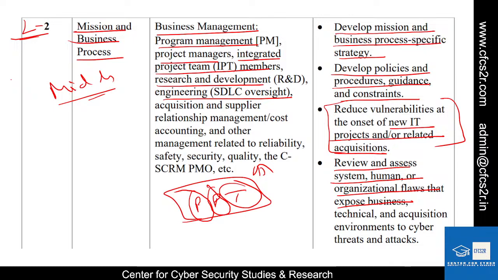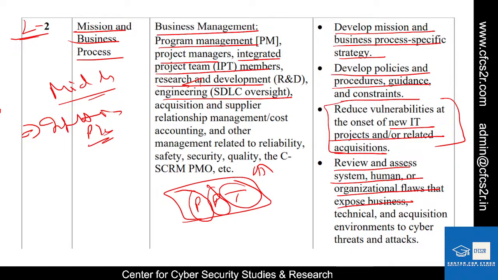Also, this particular level should implement the implementation plans. So implementation plans are also a duty of level 2. Apart from this, it is also responsible for managing the risk within the mission and business processes, and it should also report to SCRM level 1.